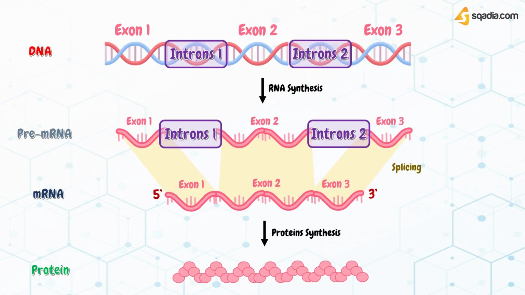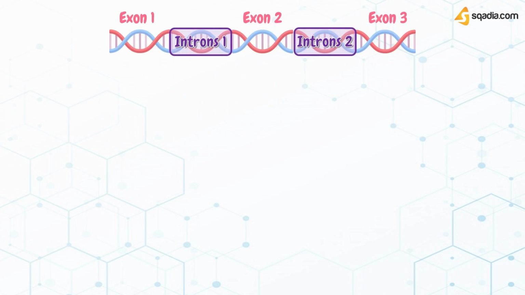Mutations that directly affect the sequence of a polypeptide must occur in exons. But what are the effects of mutations in the introns? Well, the introns are not part of the mature messenger RNA, so mutations in them cannot directly affect the polypeptide sequence.